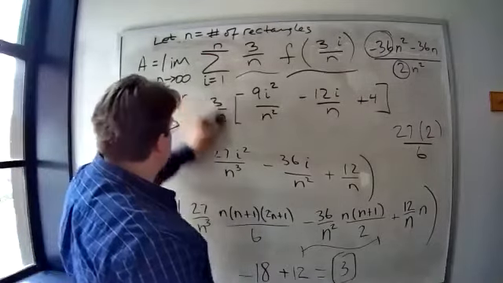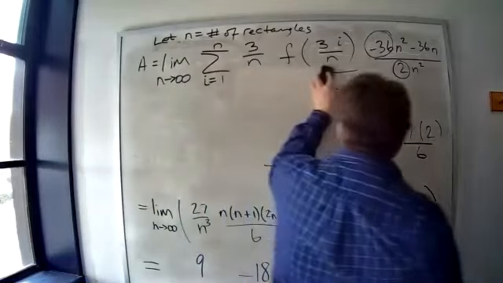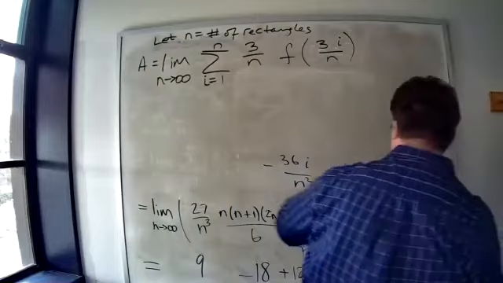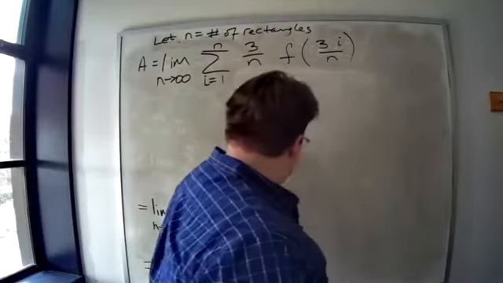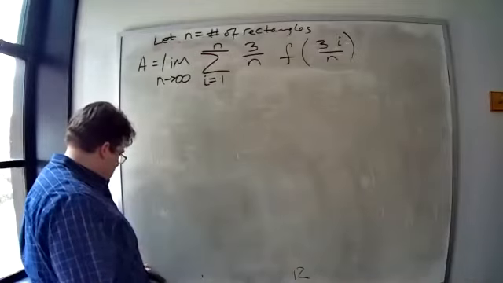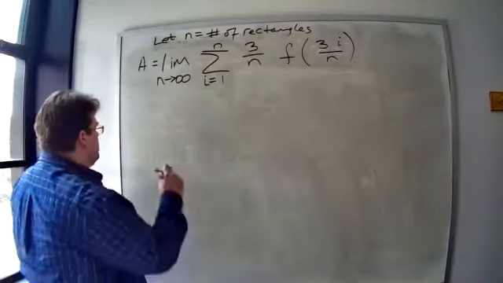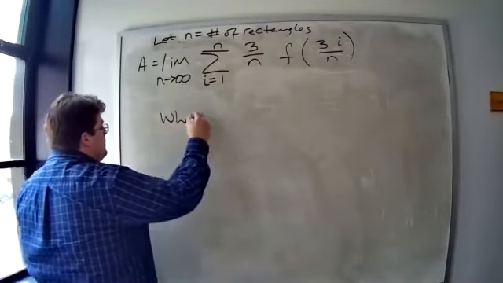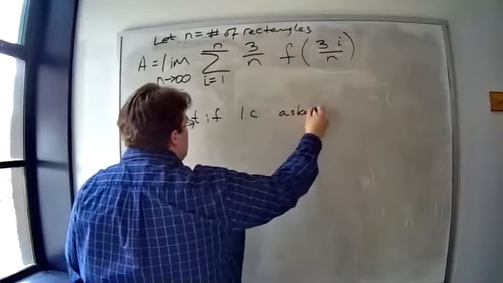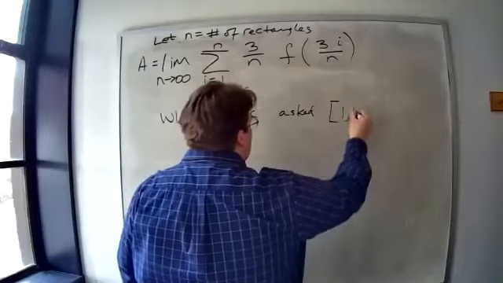Okay, before going on to problem 2, I have another question on number 1. And I'd like you to work on it for about a minute to see what you get. So, what if 1C asked the same exact question, except it used the interval 1 to 4?